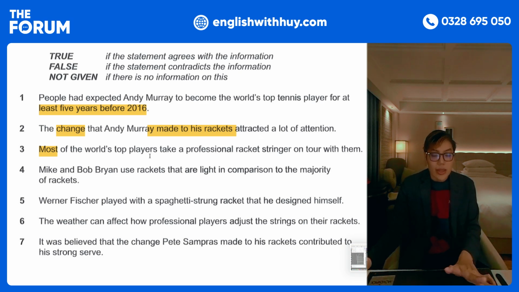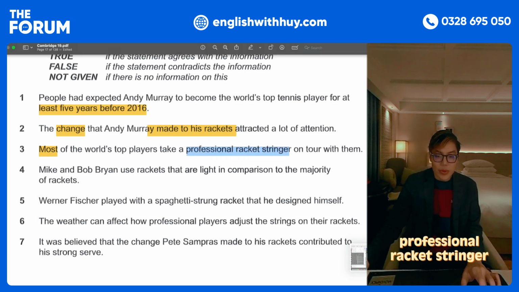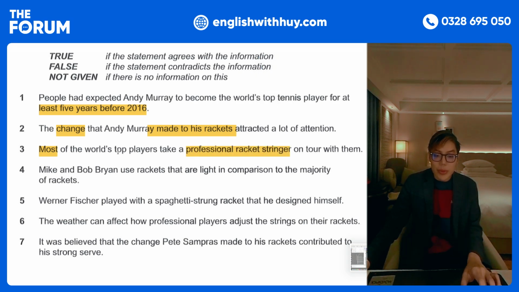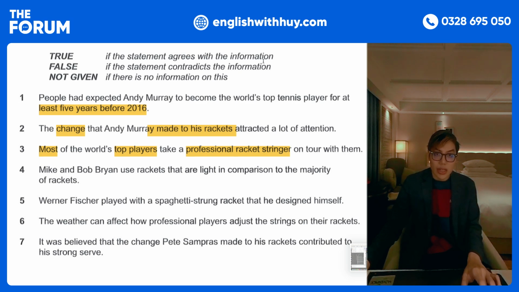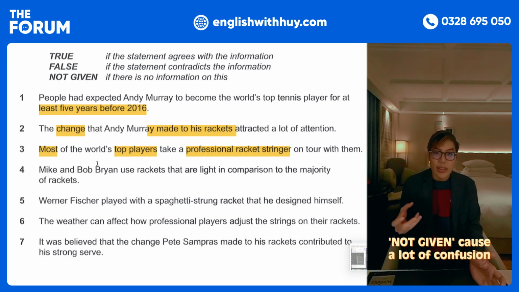So basically, the true and the false options would look the same, and the only difference would occur at the word most. So I would pick out this word to be the keyword, and also I would pick out top players. If I don't see the words top players, the answer would immediately be not given. This is very interesting, because when the answer is not given, it causes a lot of confusion.